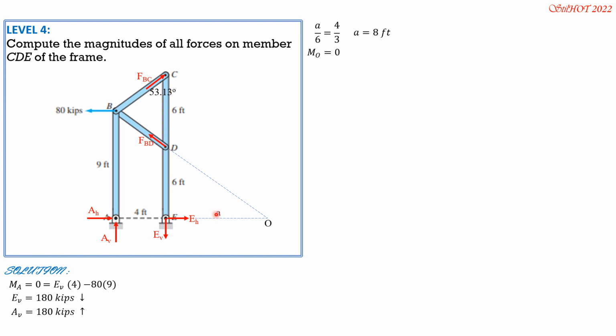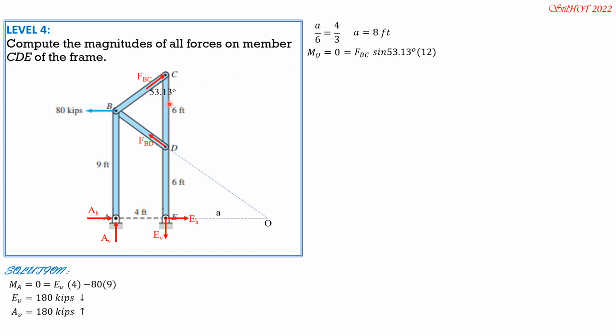So moment about O equals 0, considering clockwise moment positive. There are two components of FBC. Let's begin with the horizontal component, and it is clockwise, so equals FBC sine of 53.13 degrees. The moment arm is 6 plus 6, so 12.